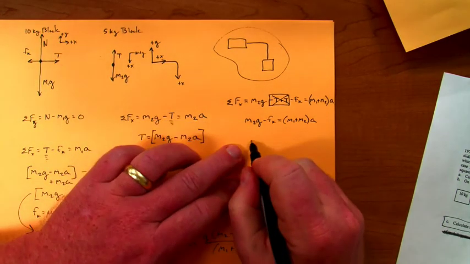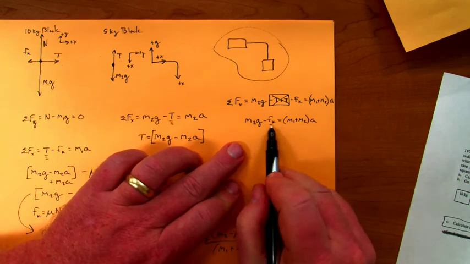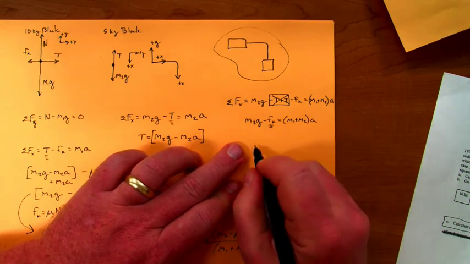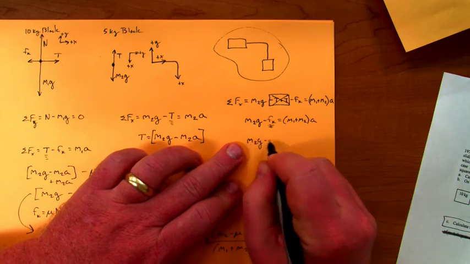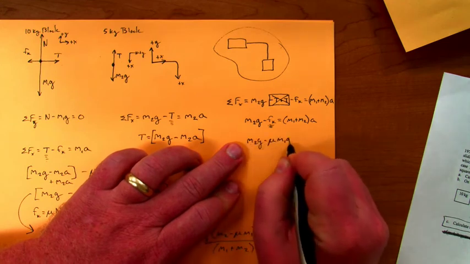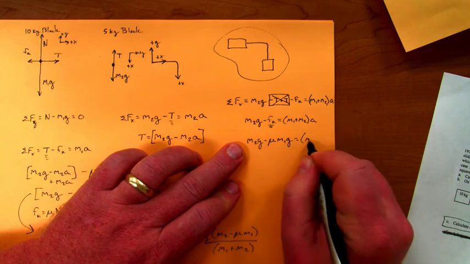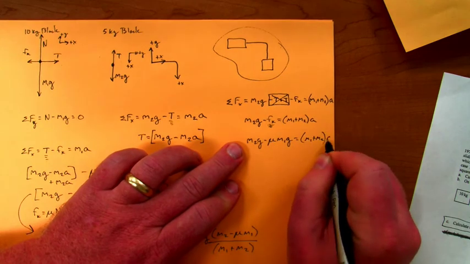And now I just rearrange here. I can plug in what I already know for friction, and I get the same answer. So M2G minus friction, mu M1G equals my masses combined times A, just doing step-by-step algebra.